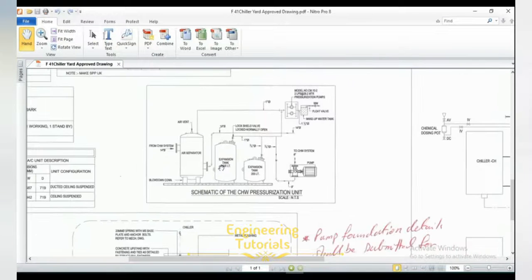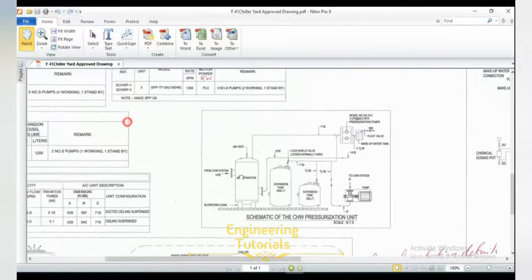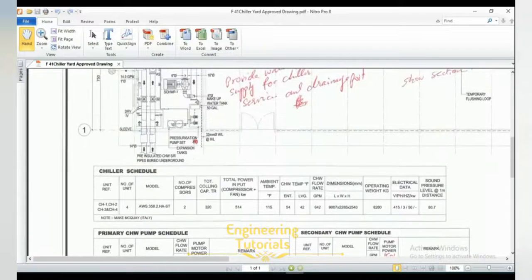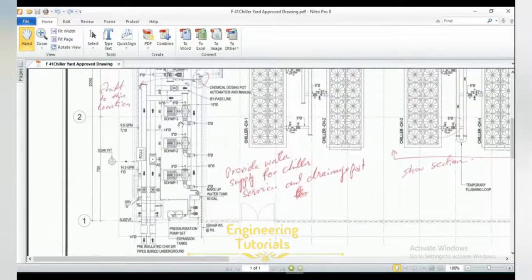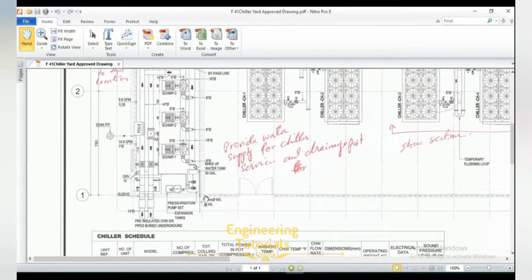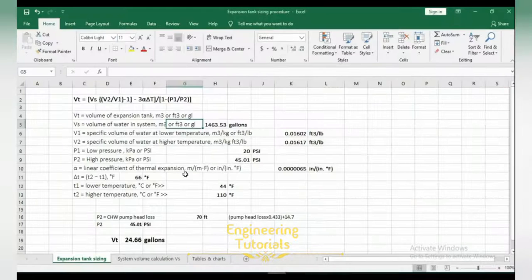Today we are going to do the expansion tank sizing, and in the end I will explain the position or location where we need to put our expansion tank. So make sure to watch the video till the end to get a better understanding of the expansion tank sizing. Let's start moving to the calculation procedure.